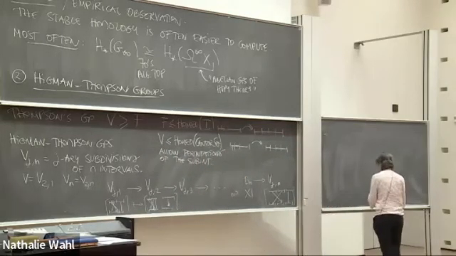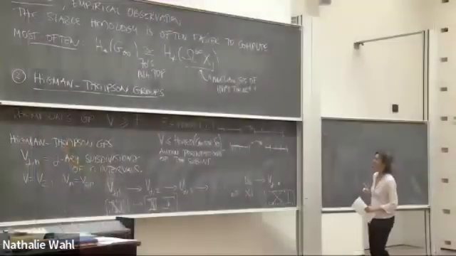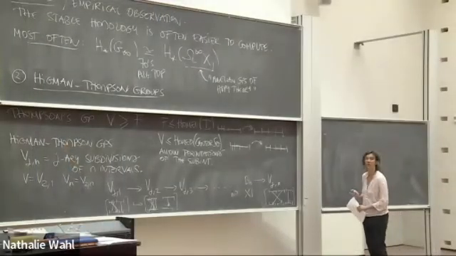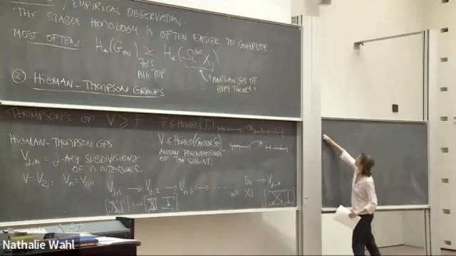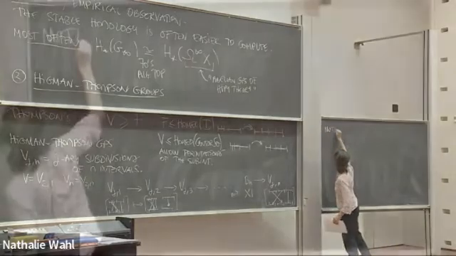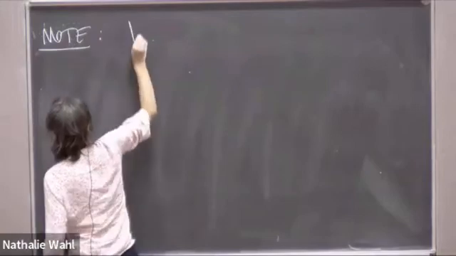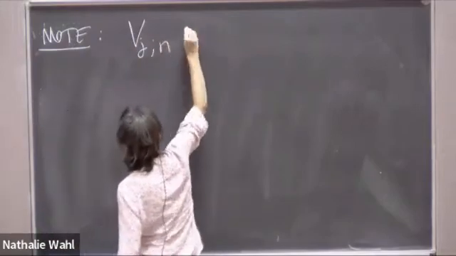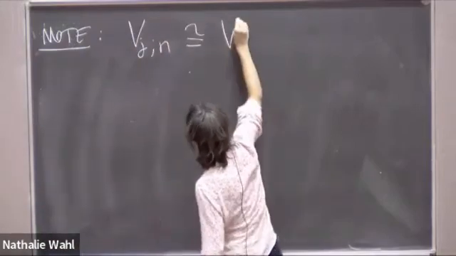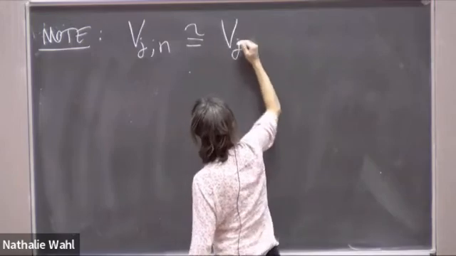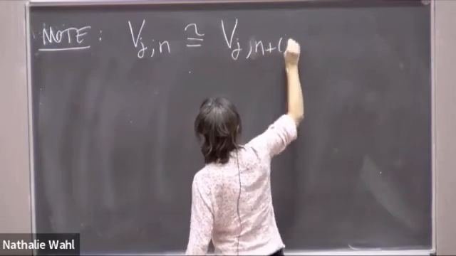So maybe before I state this, I wanted to say one more thing about the group. So here's a little remark, note. The group VJN is isomorphic to VJN plus J minus 1.